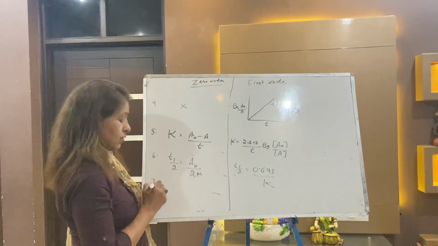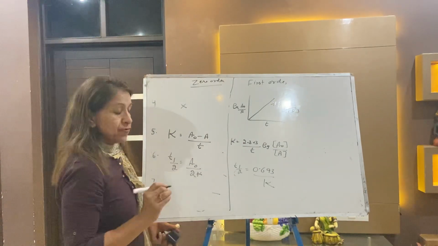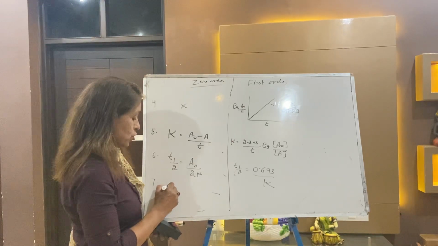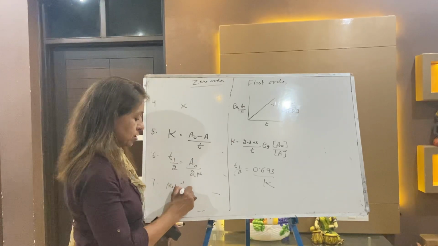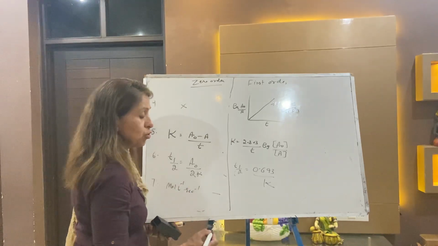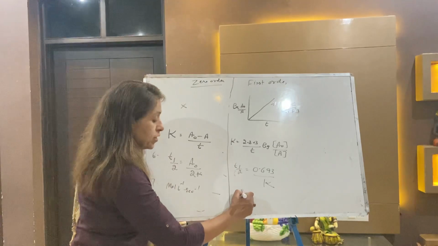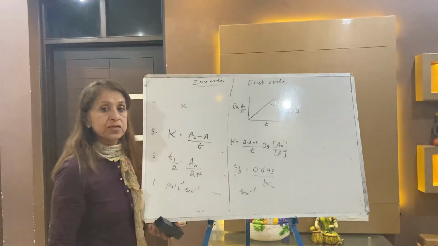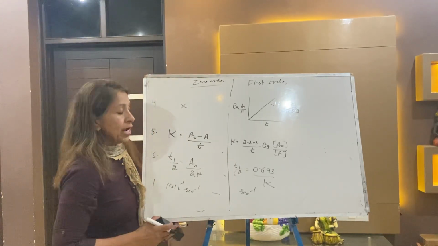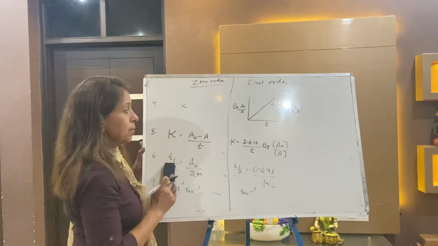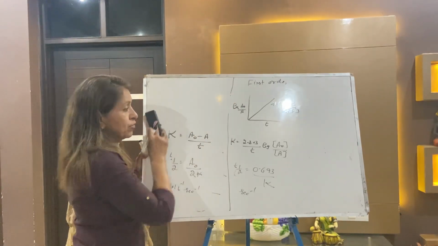Number 7, the units. After calculating the answer, in zero order the unit of the rate constant is mole per liter per second, but in first order the unit is per second only. I have already told you how to calculate the units of any order by making a formula.